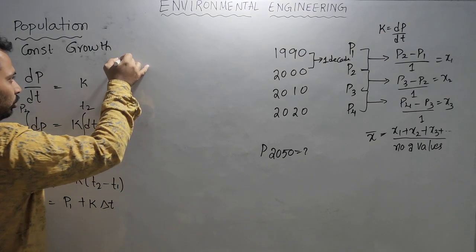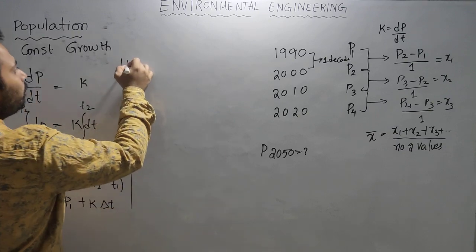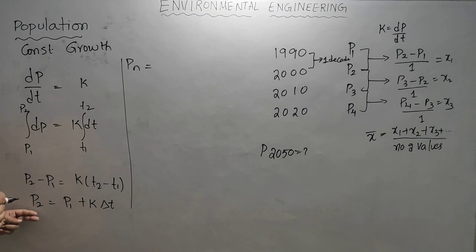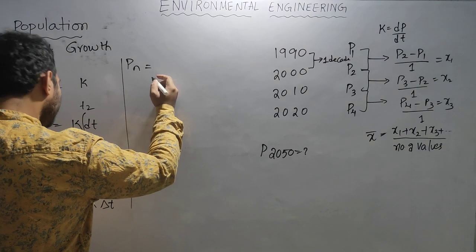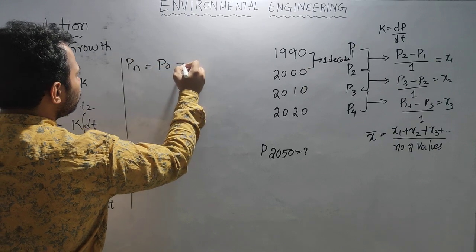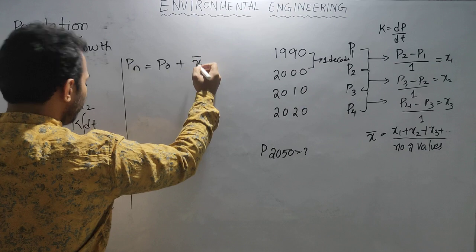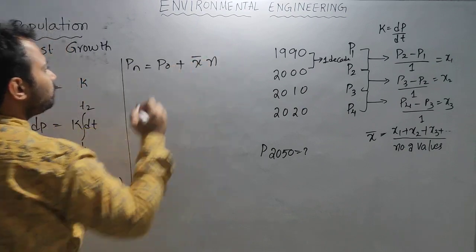Okay. So I am writing now a uniform formula. Here I have taken between two values, but if I put P2 as Pn, then P1 will become P0. So this K will become X bar and delta T will become n.